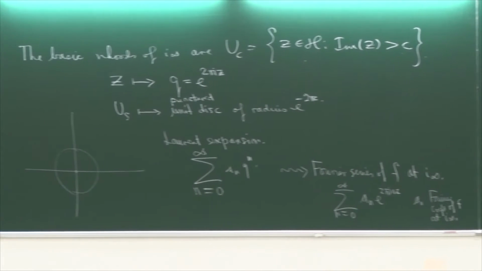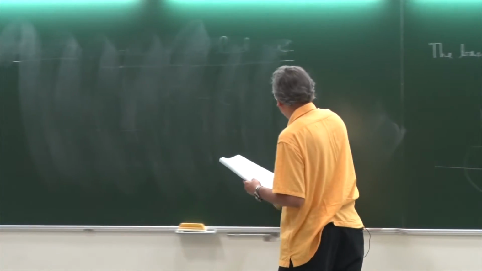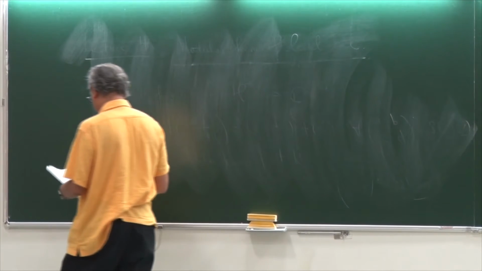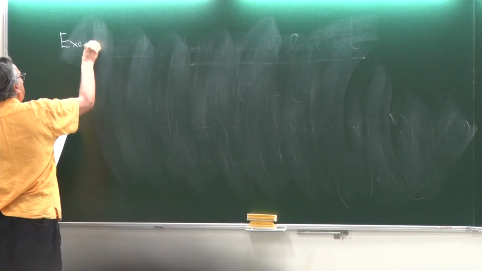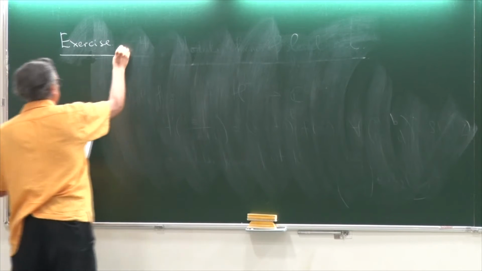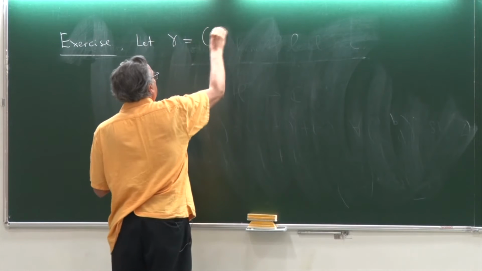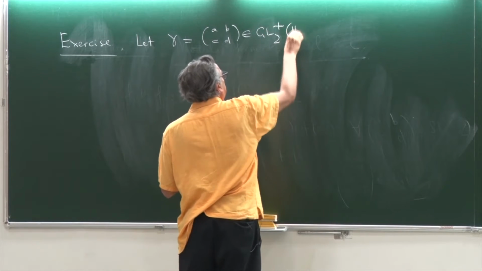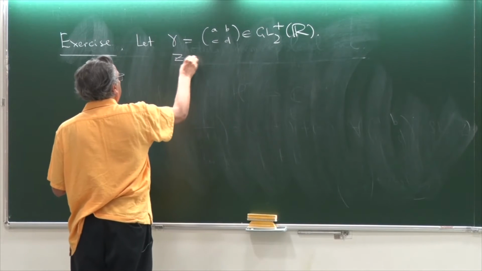So here's a little bit of notation which makes it convenient for later use. Here's an exercise which can probably be done in the afternoon. Let gamma be (a b; c d) in GL2 plus R, and z in the upper half plane.